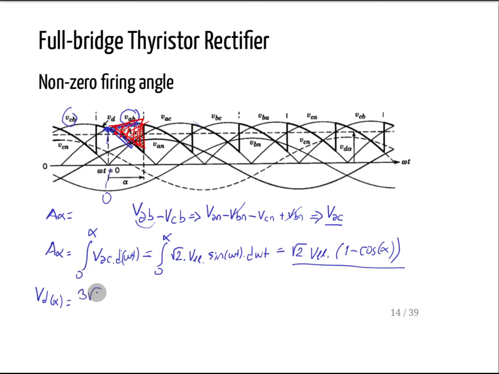It was 3 square root 2 VLL divided by pi, right? This was the output of the full bridge diode rectifier, with alpha equal to 0.